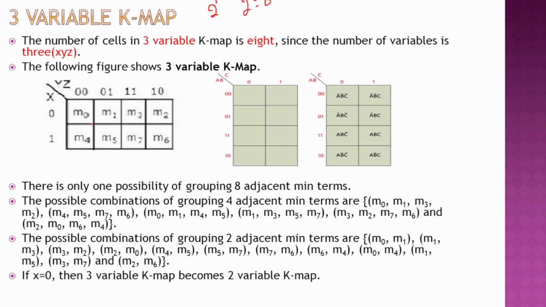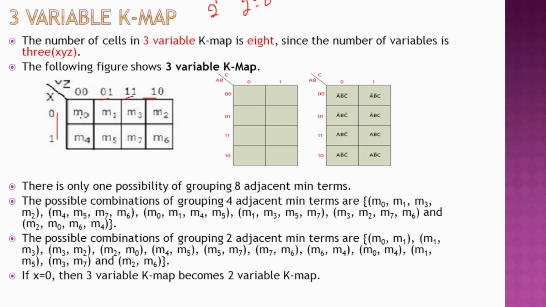So count here, there will be 8 cells: 1 2 3 4 5 6 7 8. The 3 variables are x, y and z. The side is filled with the x variable and the top is filled with the yz variable: 0 0, 0 1, 1 1 and 1 0. This is the gray code.